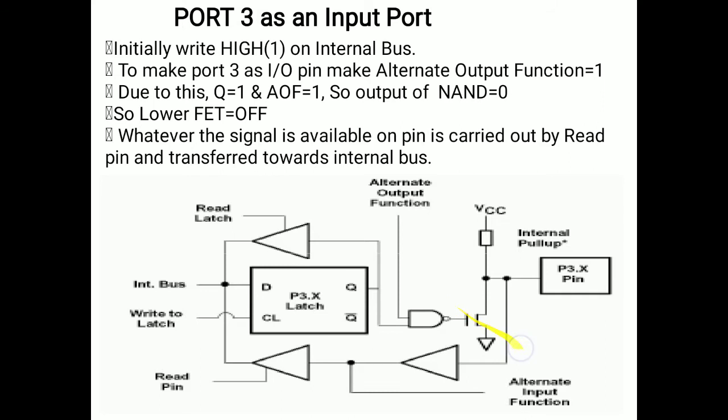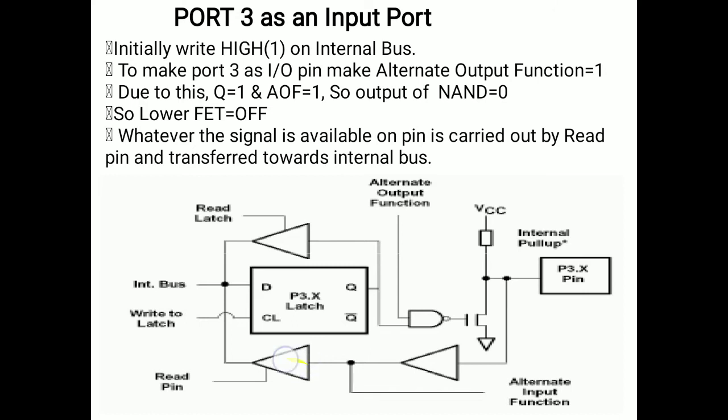Due to this, the lower FET turns off. Here VCC is there, the internal pull-up is there, and due to the internal pull-up, a resistance path is there between the port pin and VCC. If we are using port 3 as an input port, you should activate this buffer, the tri-state buffer.